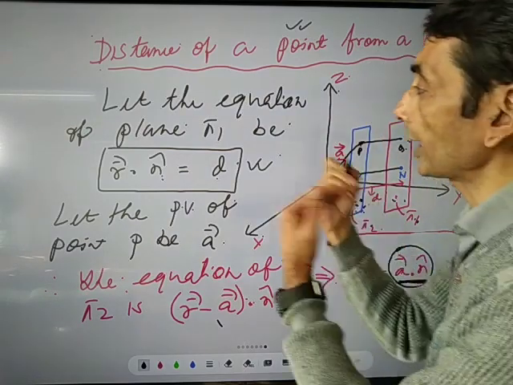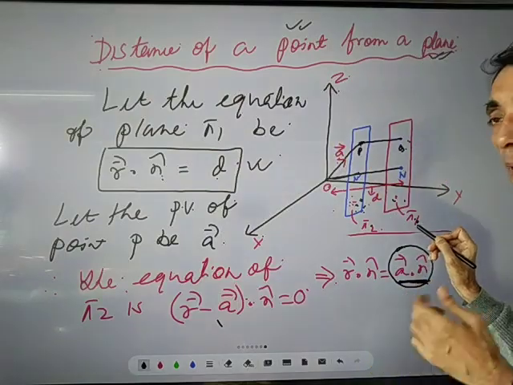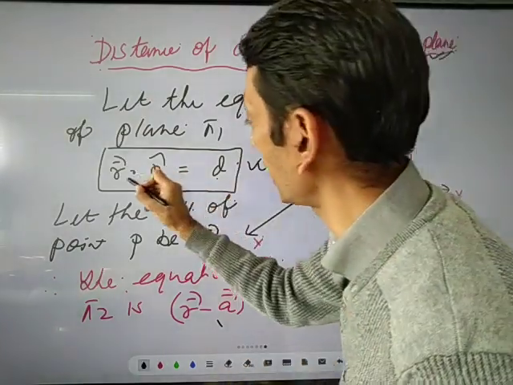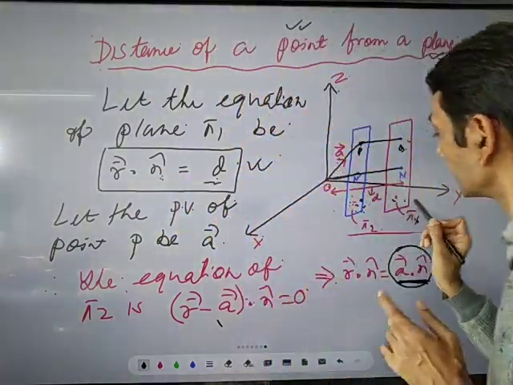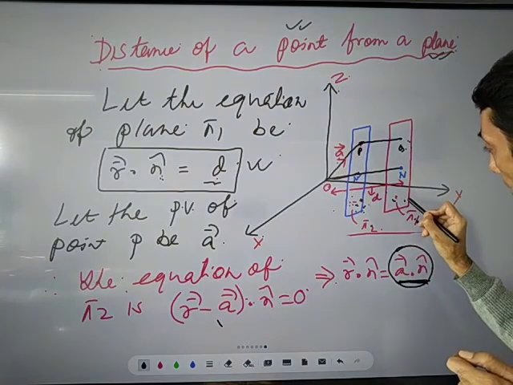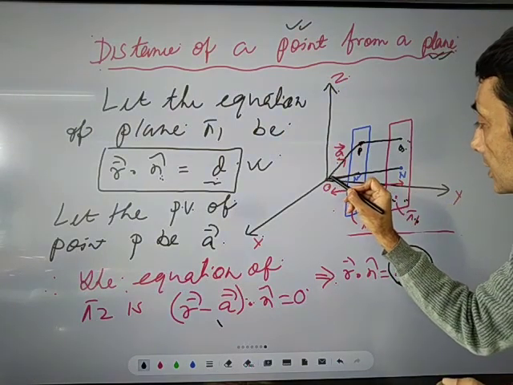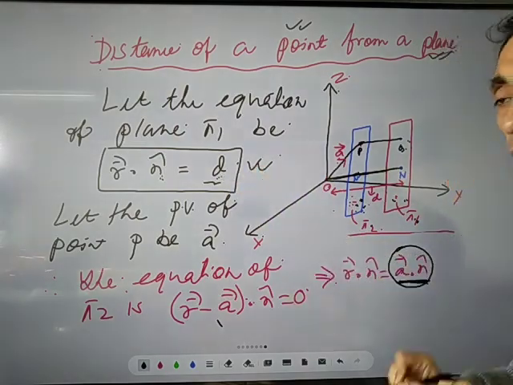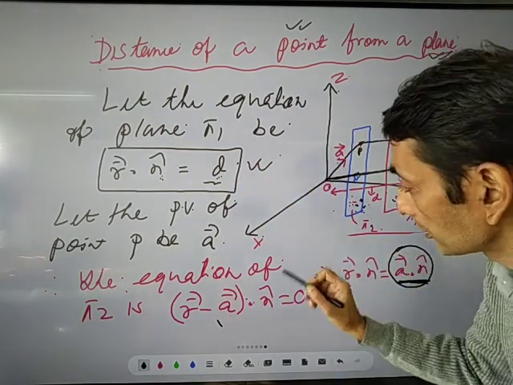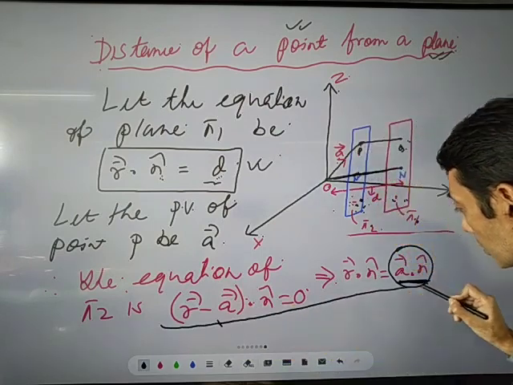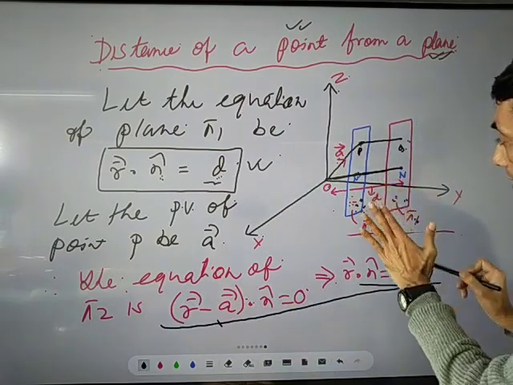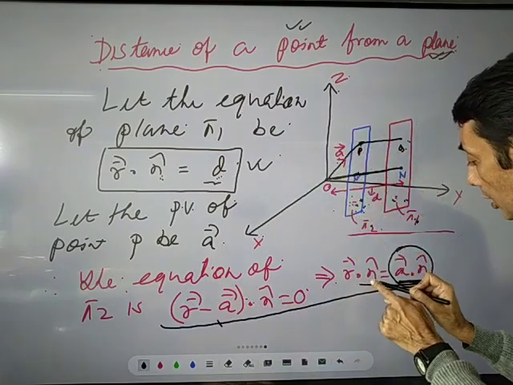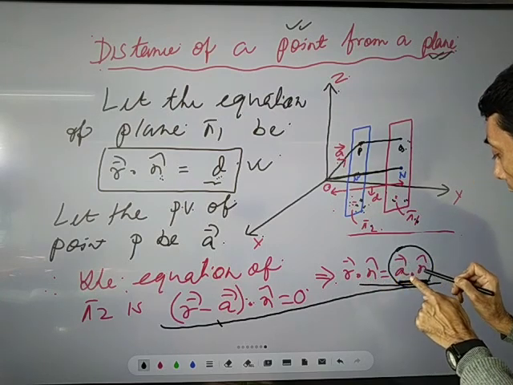Now let's go back to equation 1, that is the equation of pi 1. What is the equation of pi 1? R dot n cap equal to d. What is d? D is the perpendicular distance of pi 1 from the origin, that is this one, O n. So O n is nothing but d. Now concentrate on this part: r dot n cap equal to vector a dot n cap.